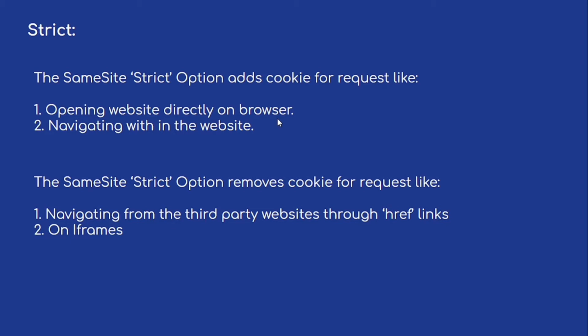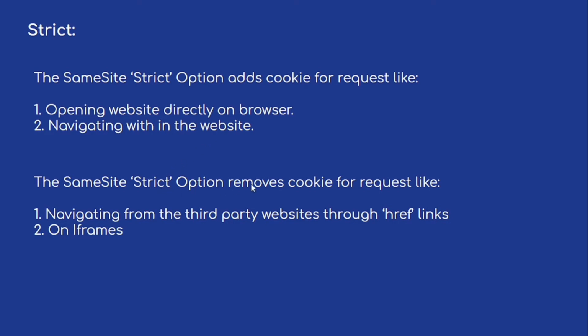I have shown you two websites, my cookie app and the third party app. When I open my cookie app directly in the browser, same-site strict passes the cookie for every subsequent request, and also when navigating within my cookie app website.